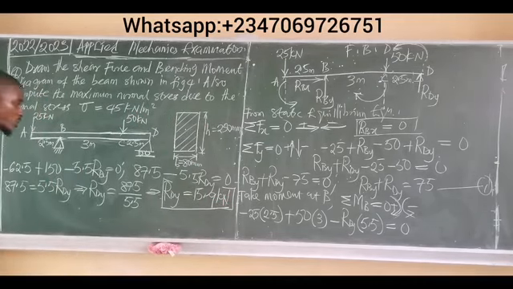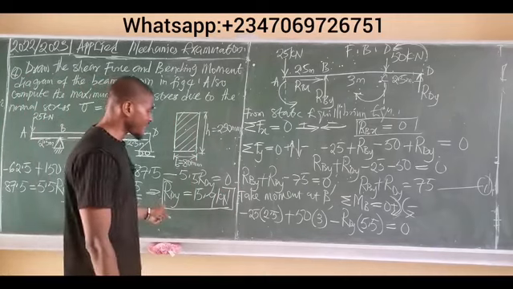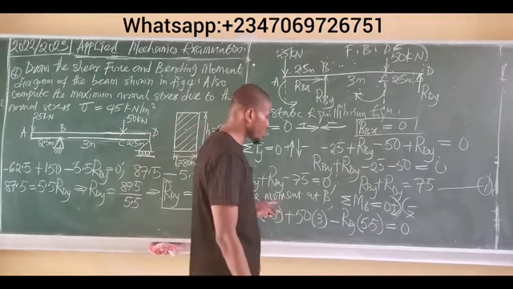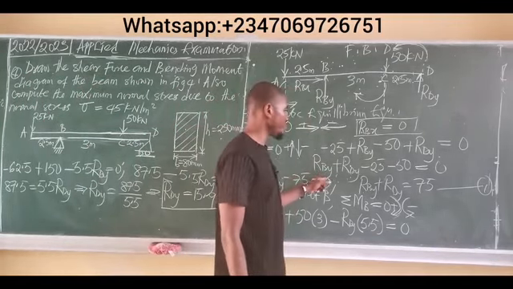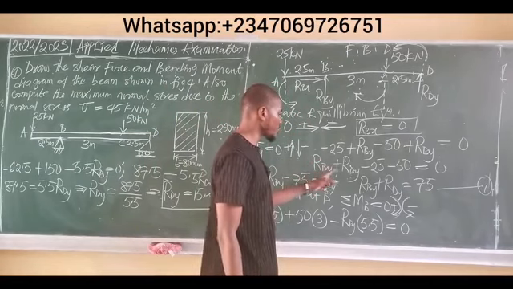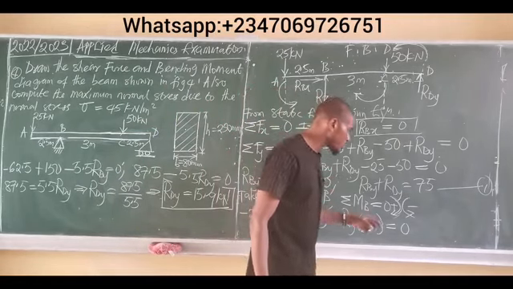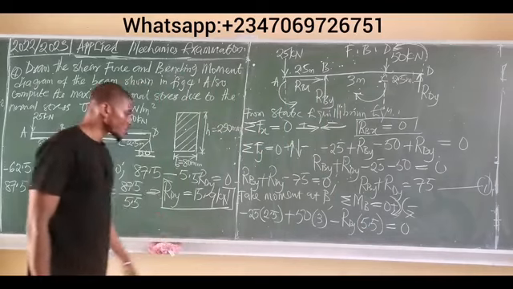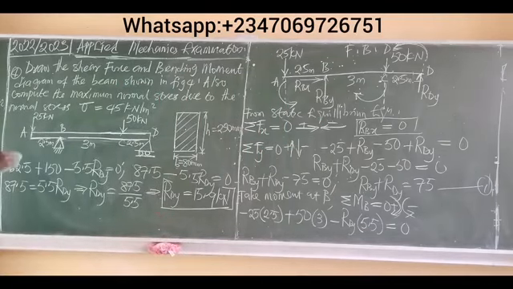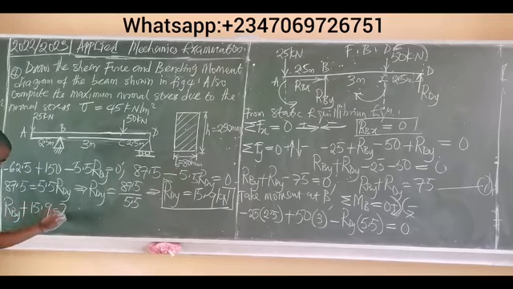Now, having found the unknown reaction at point D, you can substitute that value into equation 1 to find RBY, because equation 1 says RBY plus RDY equals 75. So we put in this value in place of RDY. We have RBY plus 15.9 equal to 75.